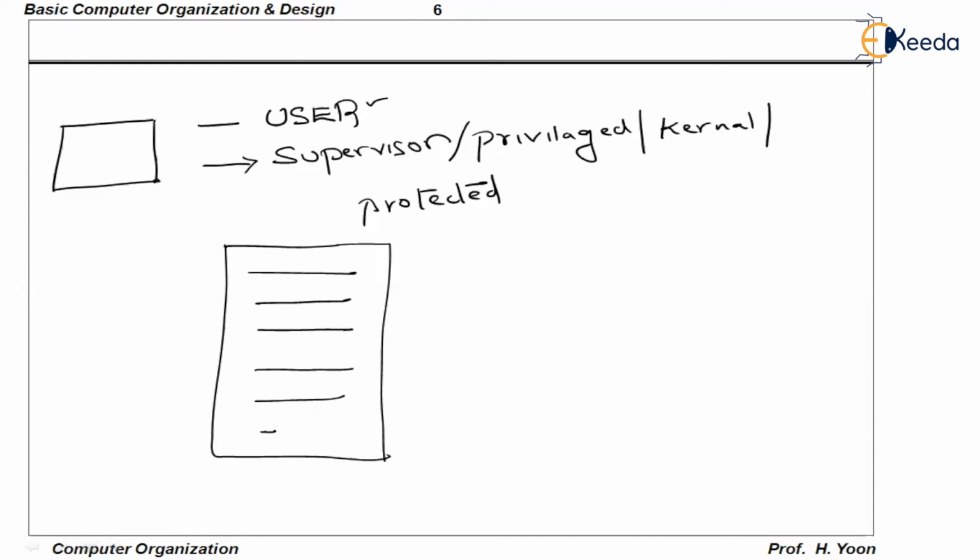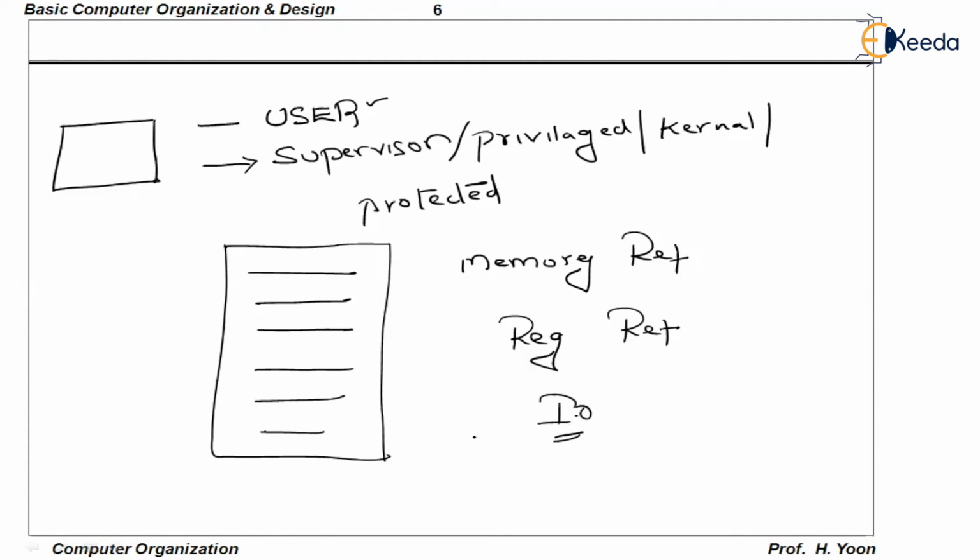This program will be a collection of three different kinds of instructions. Already you know those categories of the instructions. These instructions could be memory reference, register reference, and IO instructions.